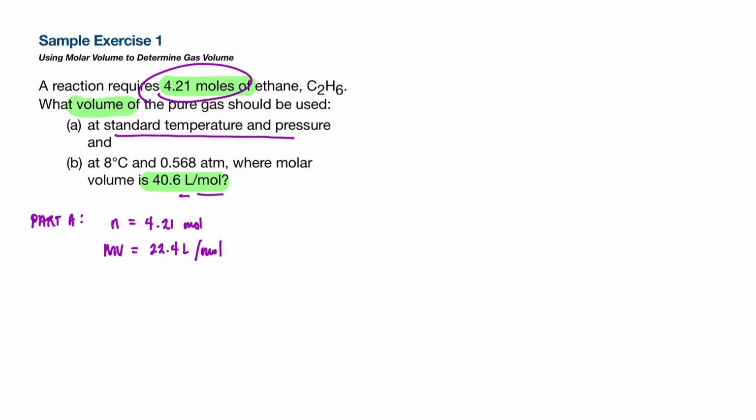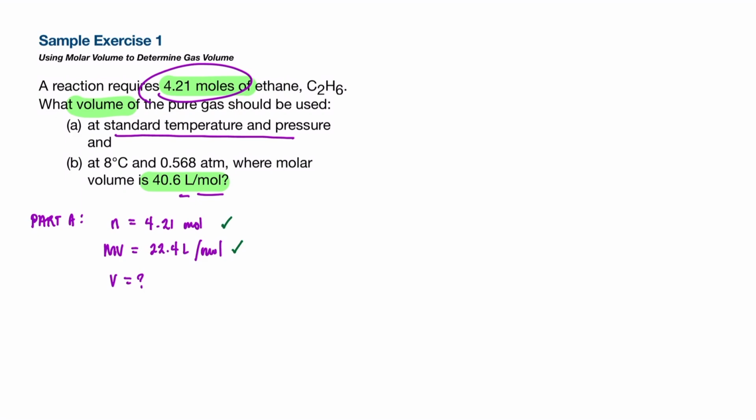Again, at standard temperature and pressure, 1 mole of gas occupies 22.4 liters. And for letter A, we are asked about the volume of the gas needed. Now, to solve this problem, 4.21 is going to be our starting value, and 22.4 liters per mole is going to be our conversion factor.